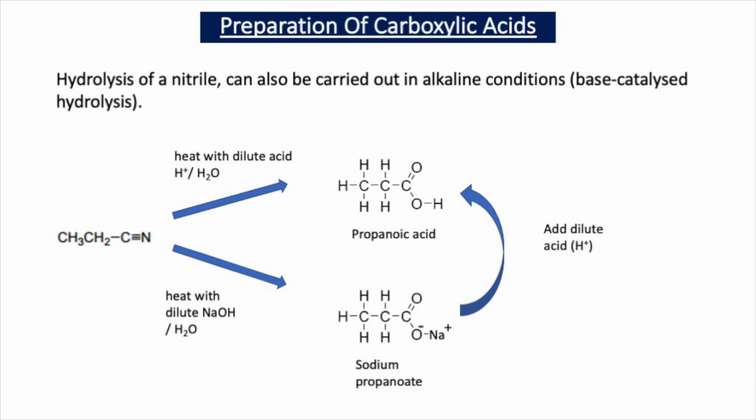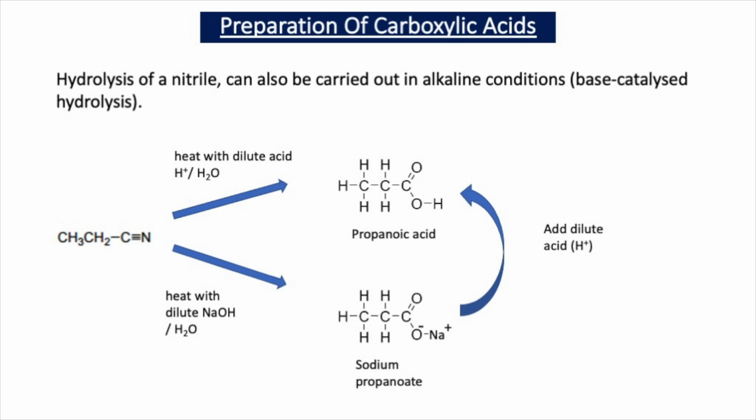And if we carry out the same hydrolysis reaction but in alkaline conditions, so heating it with dilute sodium hydroxide, we end up with the salt of the carboxylic acid. So we'd end up here with sodium propanoate.